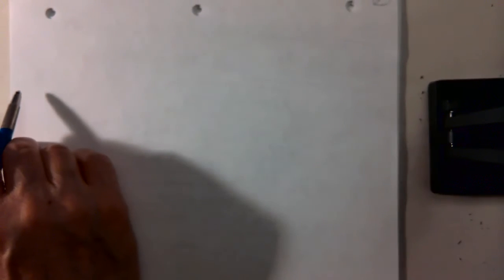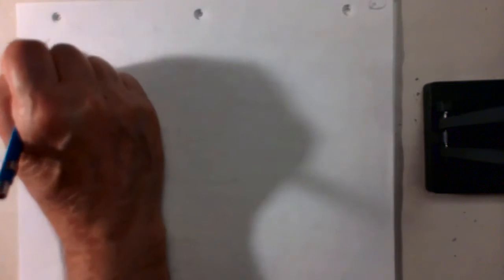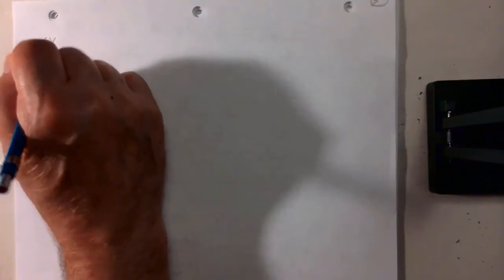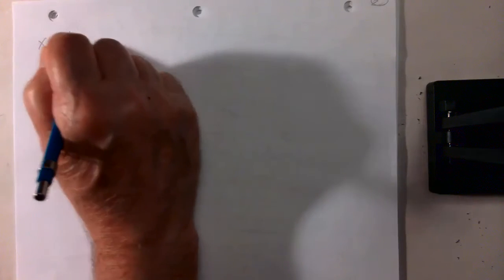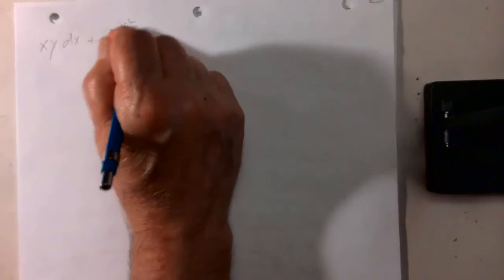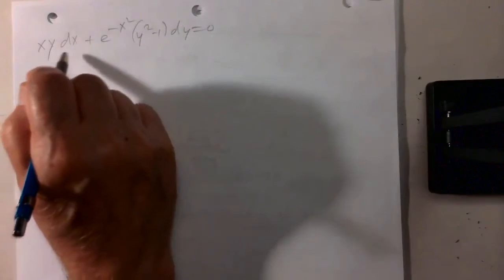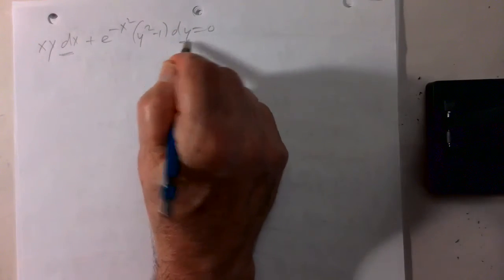Let's look at the second example in the text. So in the second example, we're given the differential equation in this form, xy dx plus e to the minus x squared, y squared minus 1 dy equals 0. And we have this dx and dy.